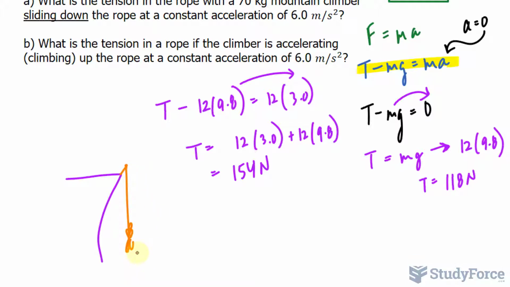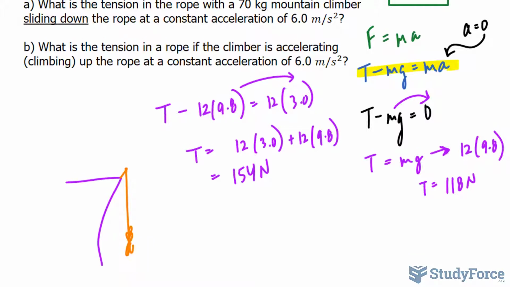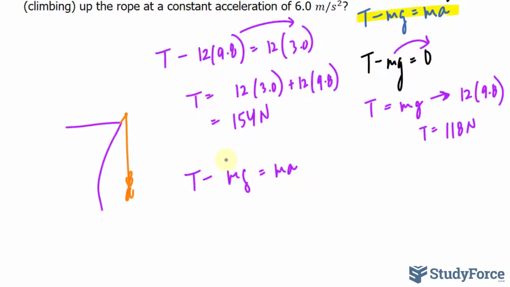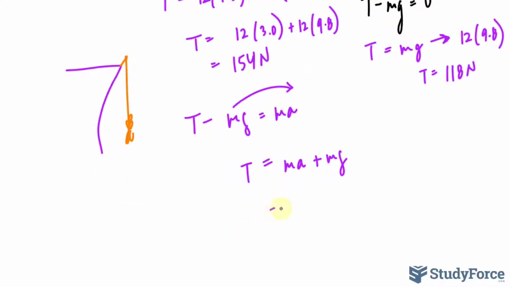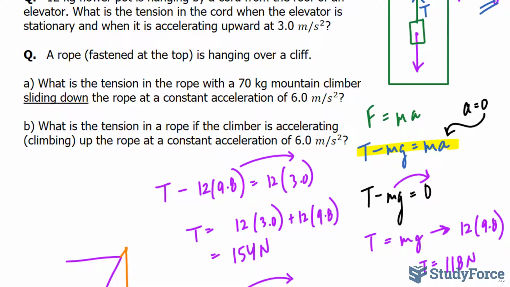To solve this problem, let's recall a formula that we used earlier, where we had T minus mg is equal to ma. T is what we're looking for, so if I bring that over, I have T is equal to ma plus mg. The mass is 70 for the climber, and the acceleration is downwards, right?